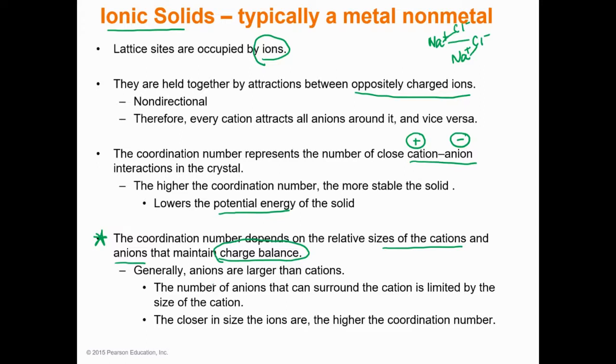So anions, we know, are larger than the cations. So the number of the anions is going to have a limit because of the cations. Their sizes impede other things. So you might be able to get super close, but still there's a distance because one is much larger than the other.